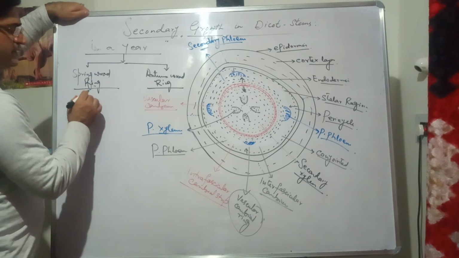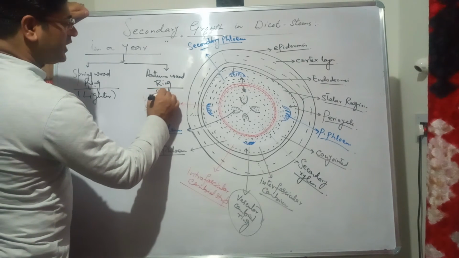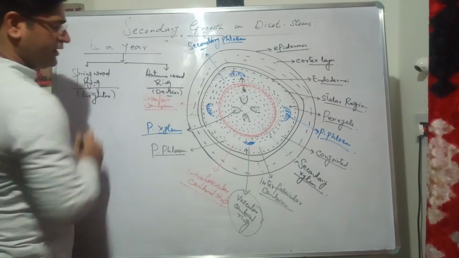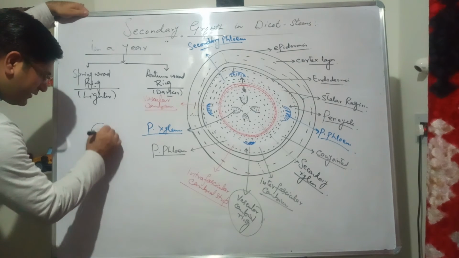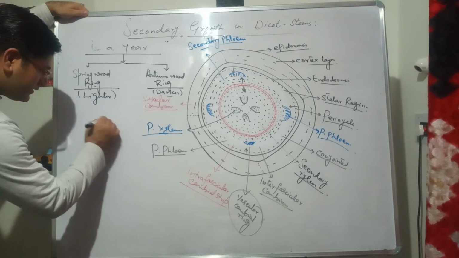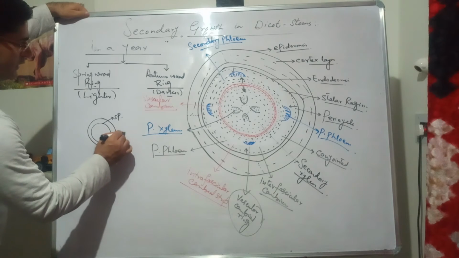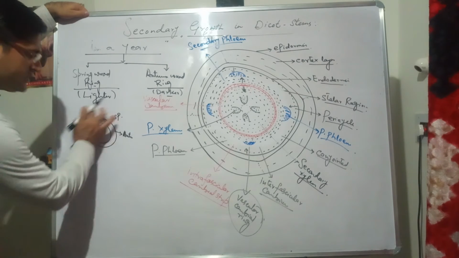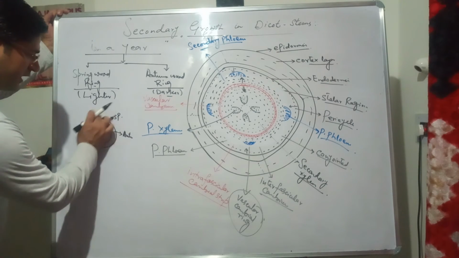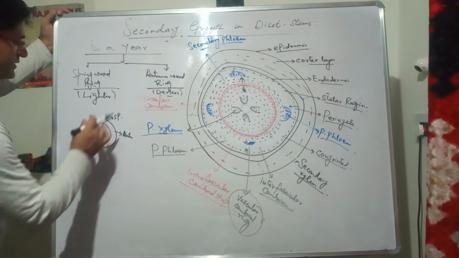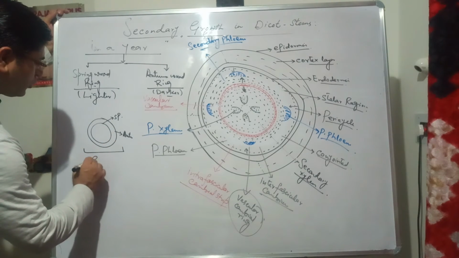So spring wood rings are lighter, and these are darker in color. Okay, so in a year, one spring wood and one autumn wood is going to be formed. So we can say when in a year two types of rings of wood are formed, spring wood and autumn wood, then it is known as a growth ring.